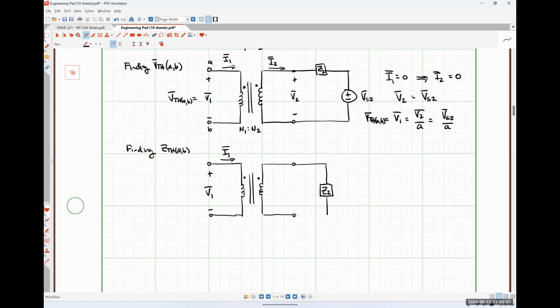Let's put Z2 over here. So here is V2. And here is, excuse me, I2. So we've got this pesky transformer thing in the middle. And then we've got this impedance. And we don't really know what the impedance of the transformer is per se.